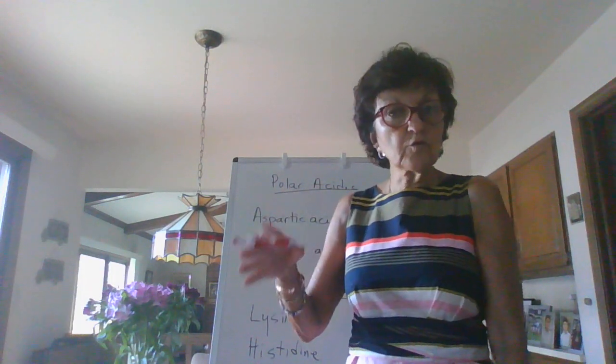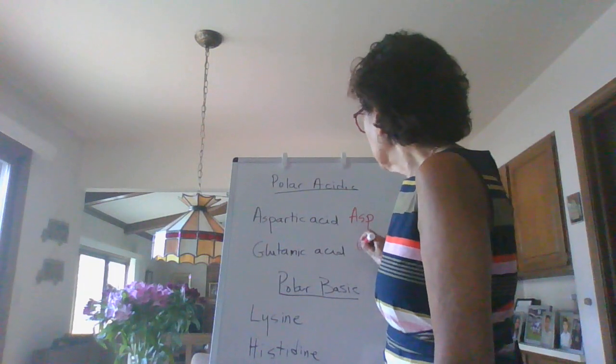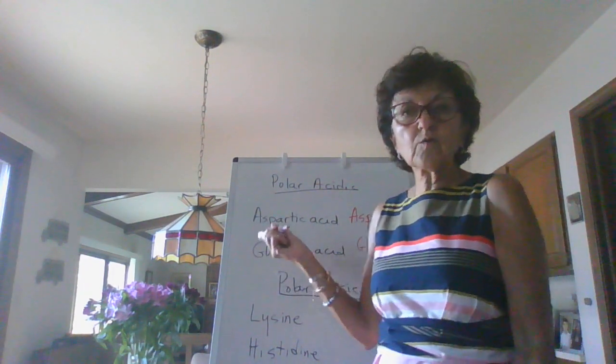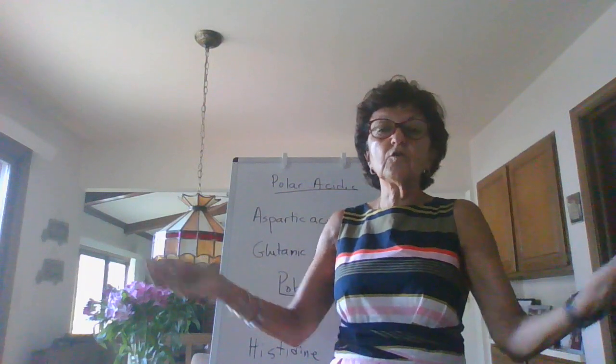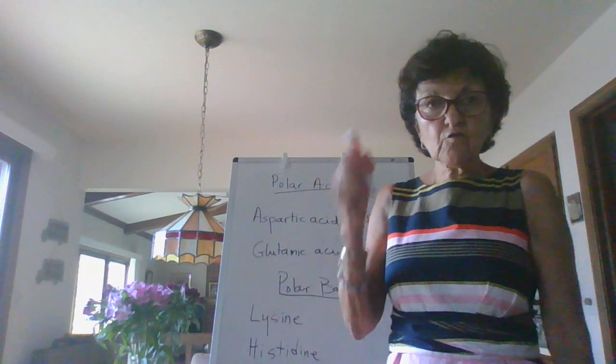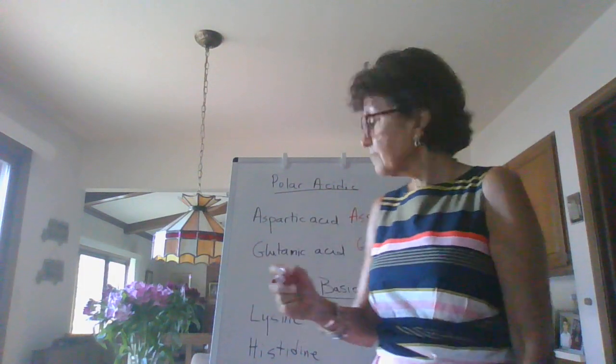Glutamine was polar neutral. Glutamic acid is polar acidic, and that is GLU. So if I write down aspartic acid, what category is it in? Immediately you know, oh, it's polar acidic. But if I write down ASP, make sure you don't confuse ASP with ASN, okay?